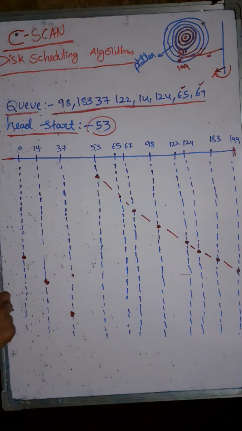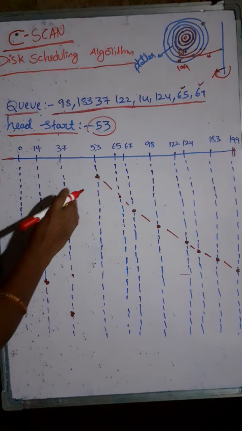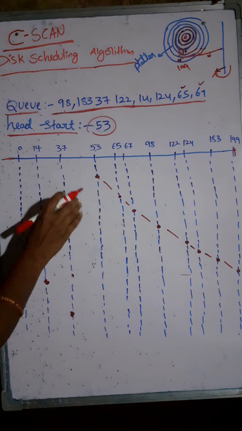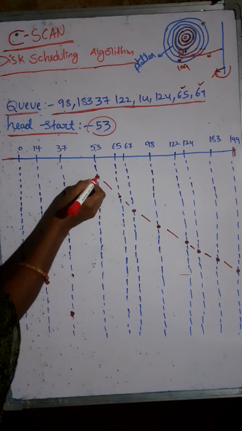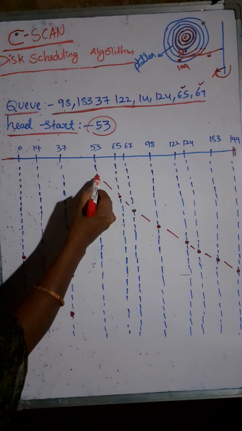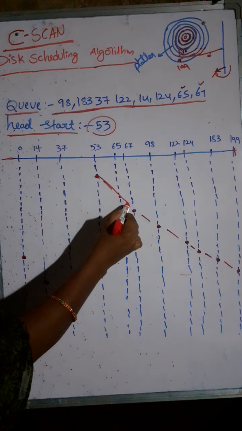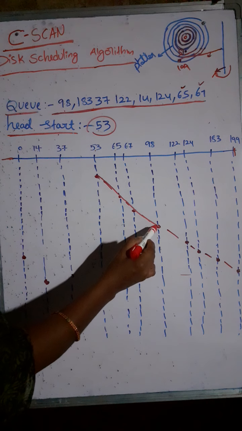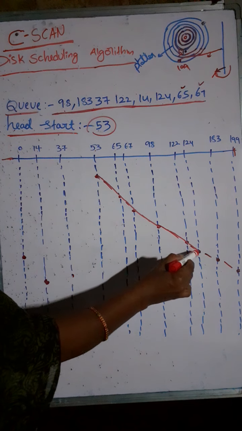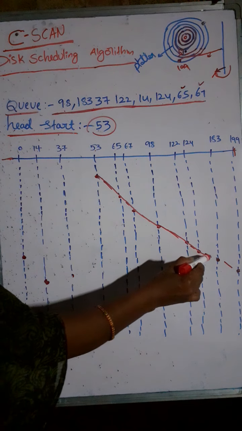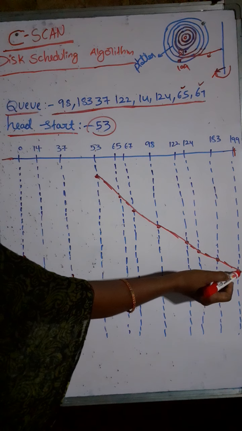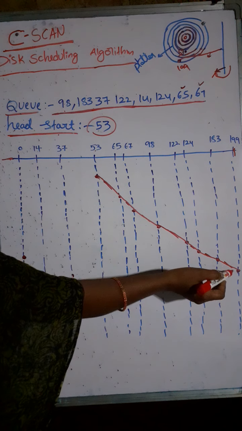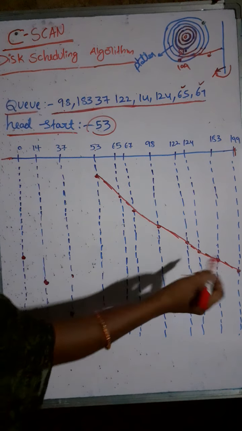Now we will see what circular scan is. Circular scan is somewhat similar to the SCAN algorithm. Here also it will start at 53 and serve all the requests from 53 to 199. It will move only in one direction and serve all the requests between 53 and 199. After that, it will change its direction and move towards 0.